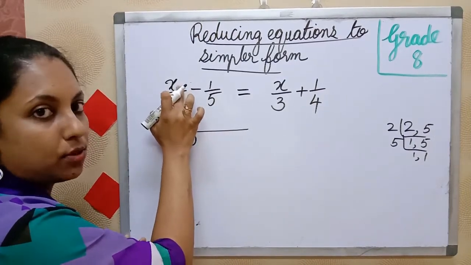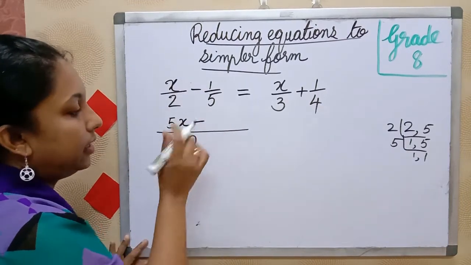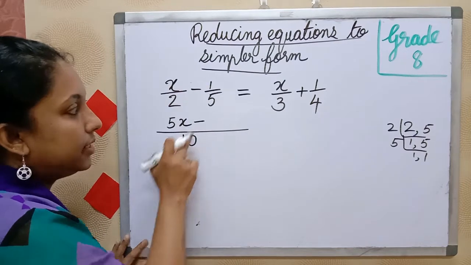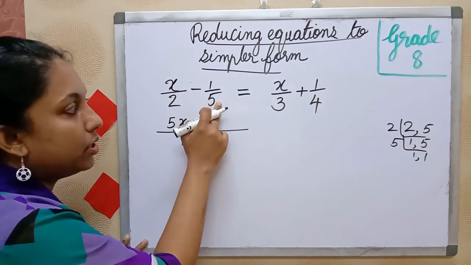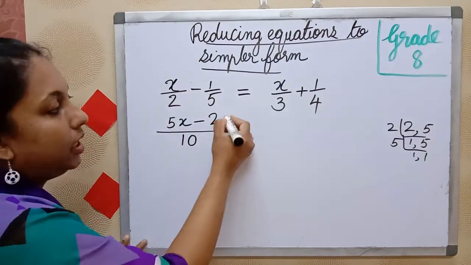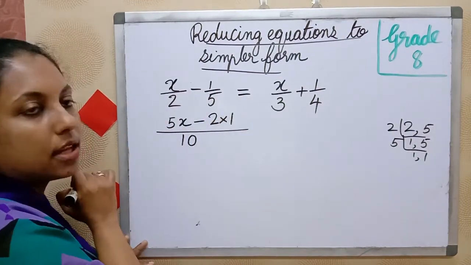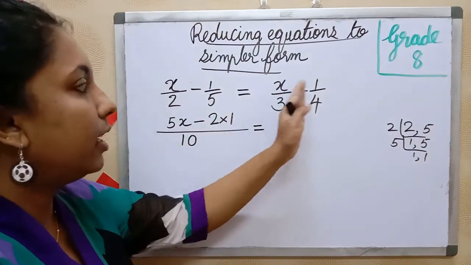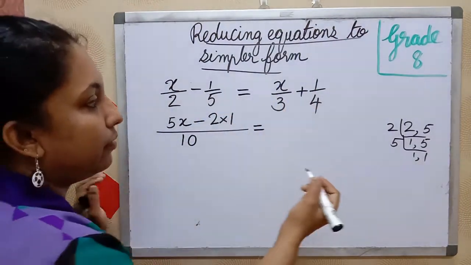Here numerator is x only. Minus. Again, second one denominator is 5. First, LCM divided by second term denominator. 10 divided by 5, 2, into numerator is 1, is equal to, again here also x by 3 plus 1 by 4.